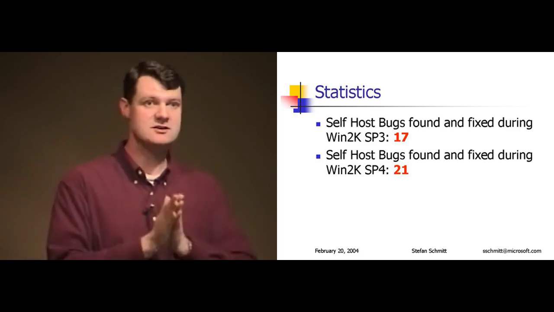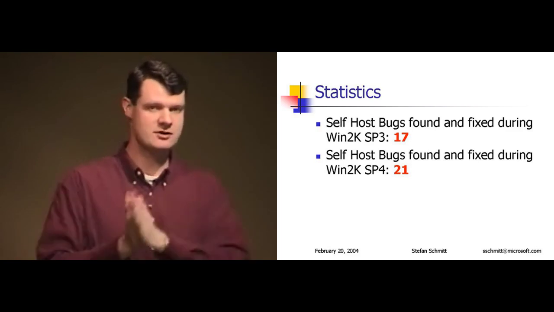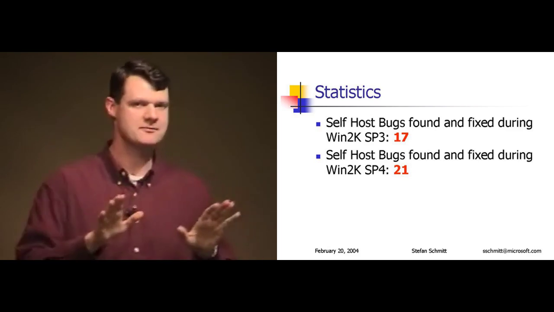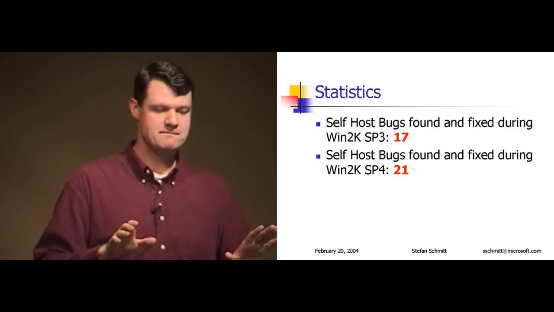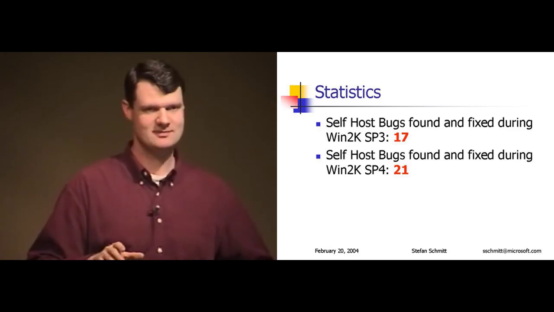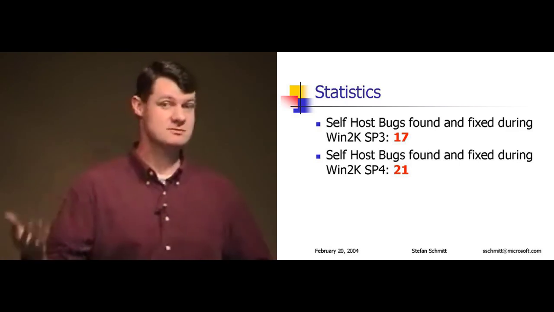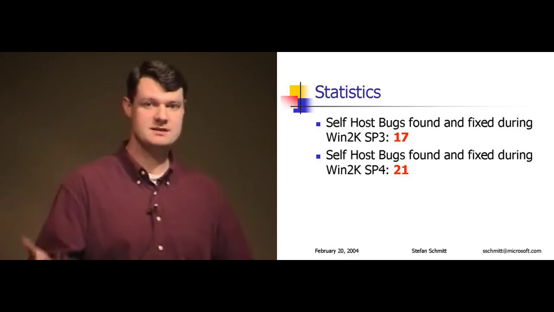And let me make a distinction also before we move on between self-host bugs and self-host blocking bugs. Maybe that makes it a bit clearer. Self-host bugs are bugs that are found during self-host. Obviously. But then there are also self-host blocking bugs. Self-host blocking bugs can be ad hoc bugs.